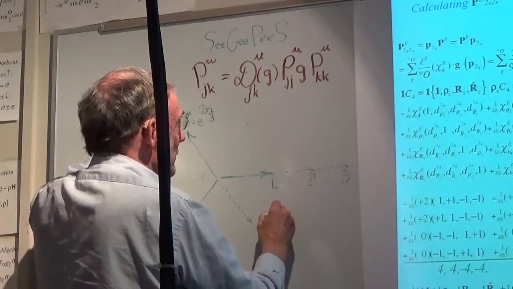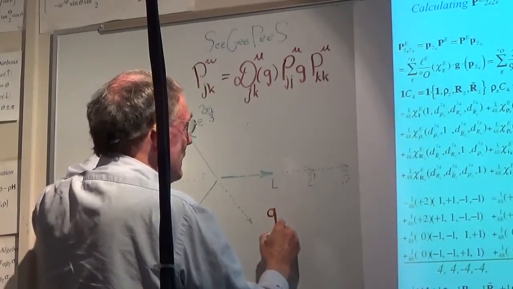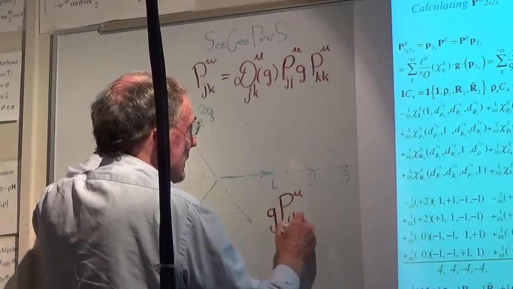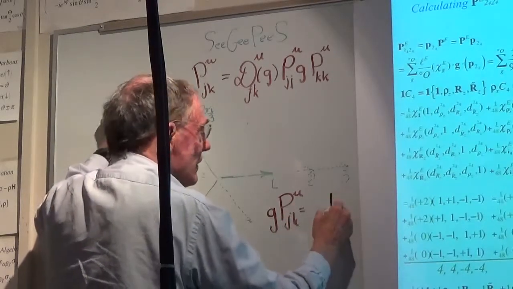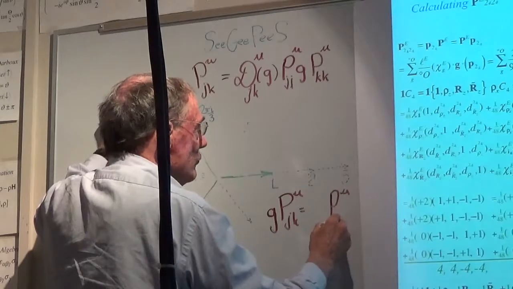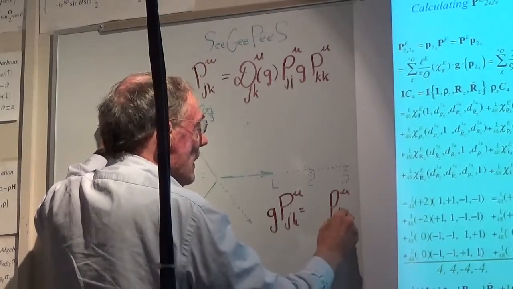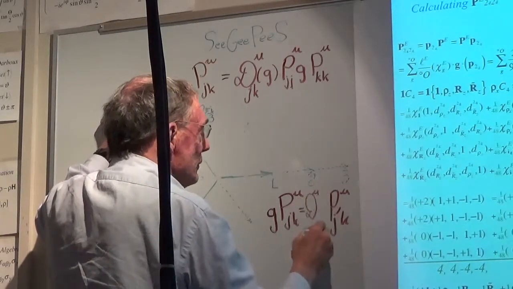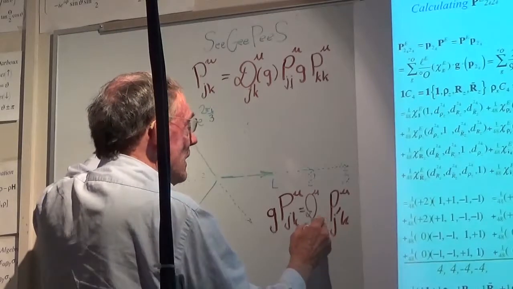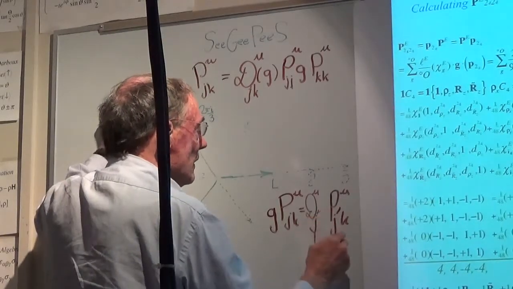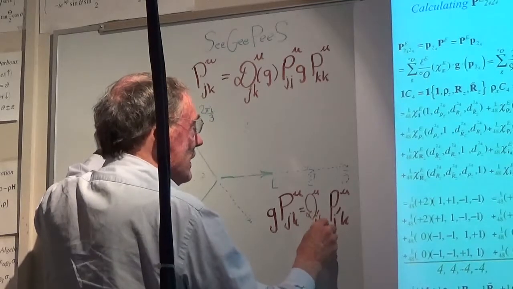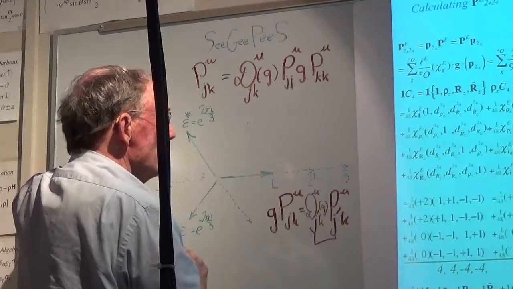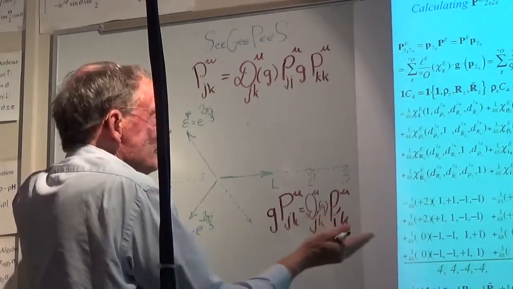Another way to write it is G operating on P mu J K gives you a linear combination of P mu J prime K, and the coefficients of that linear transformation consist of mu and then J prime right here, being summed over that J prime. That's kind of more what I was wondering about, but what about G P G inverse? What about a similarity transformation on the projector? Well, you just do this again.